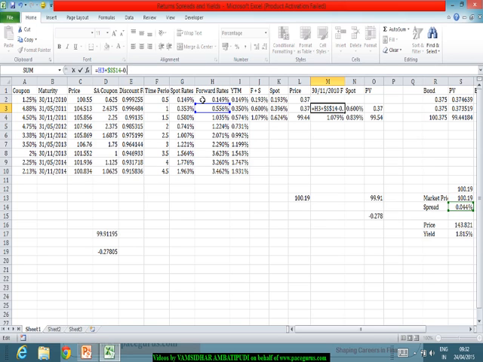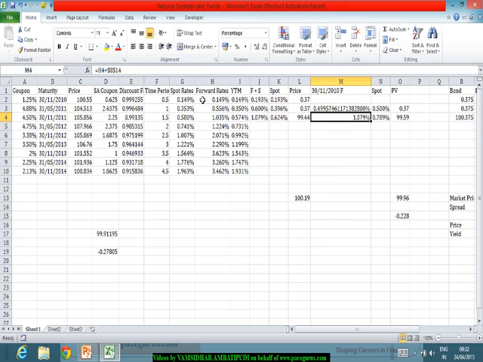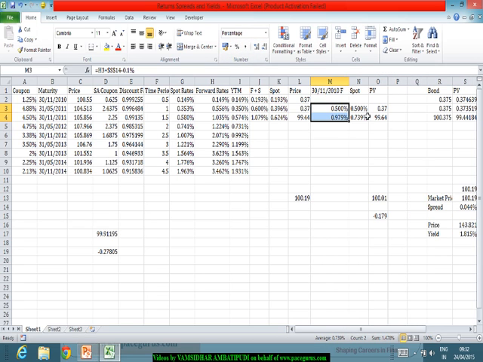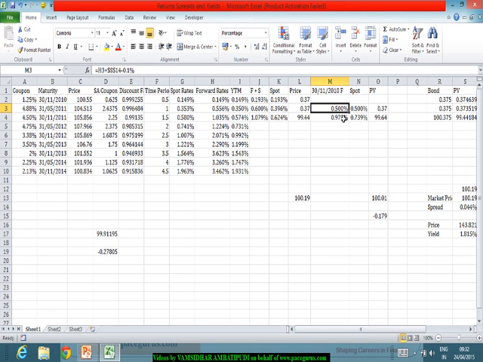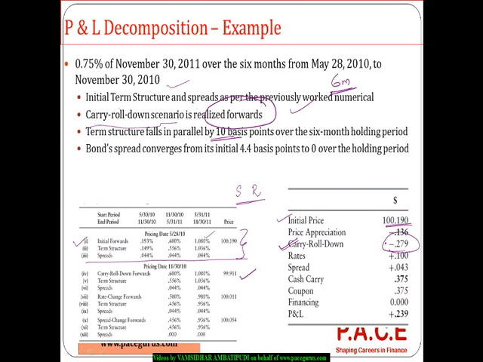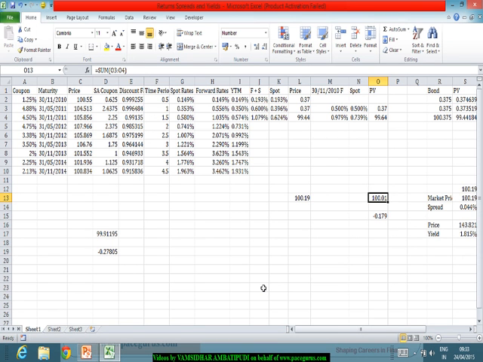Right, 10 basis points is 0.1%. I'm going to decrease the forwards by 10 basis points, and because of which you could see here the forwards are becoming 0.5 and 0.979, and based on this I am getting the price as 100.01.